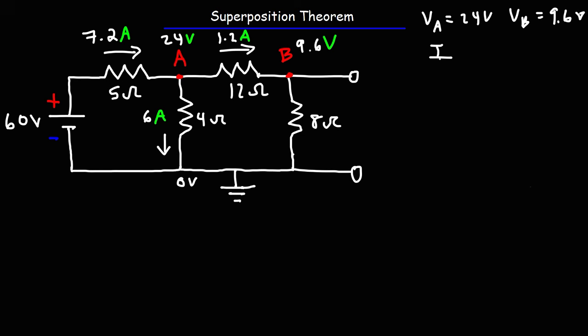Now, just to compare it with the currents, I'm going to write the current through the 4 ohm resistor. The current flowing through that is 6 amps. We're going to use that later. So now let's just get rid of this so we don't have to redraw the circuit.